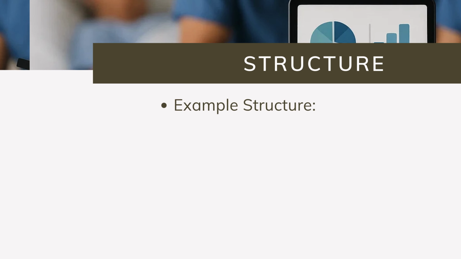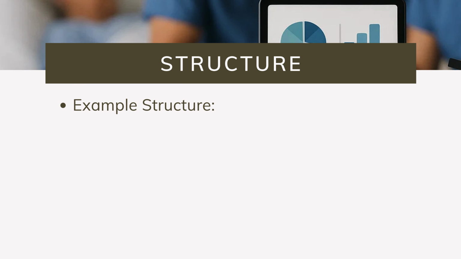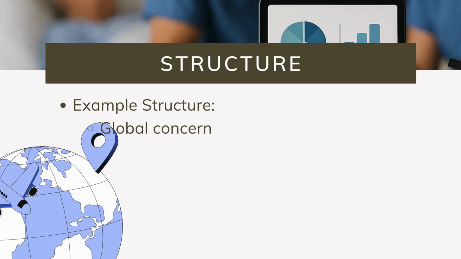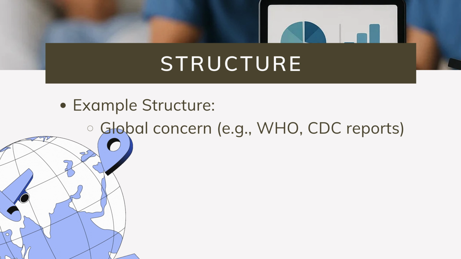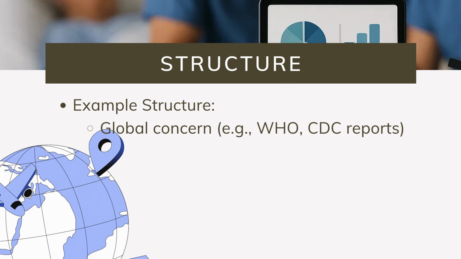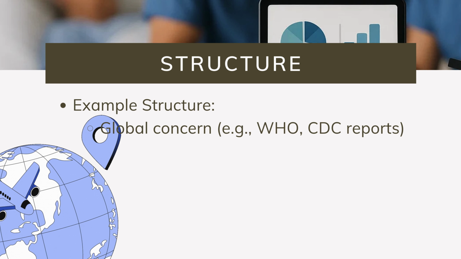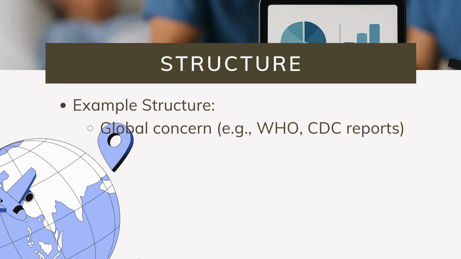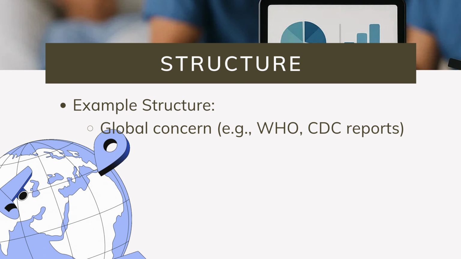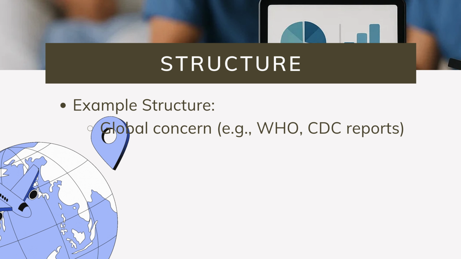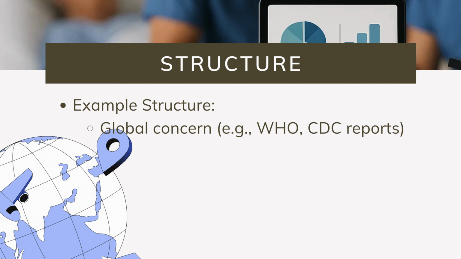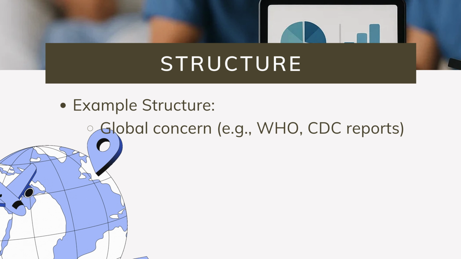Now, let us break that structure down using a more practical example. For instance, on global concern, we have the WHO or the CDC. They might have reports that hospital-acquired infections are a major issue worldwide. This shows that your topic is globally significant.